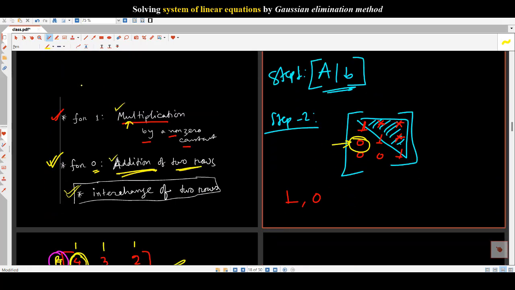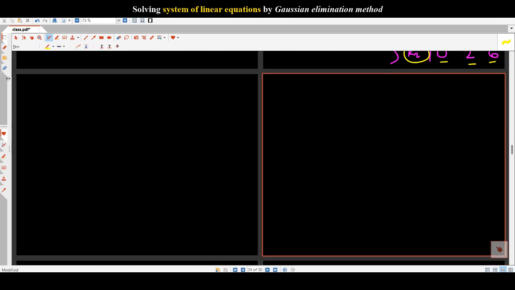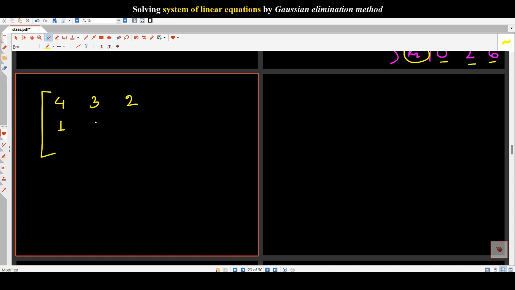And lastly, we have another operation that is also feasible, that is also convenient to make directly 1, directly 0. That is interchange of two rows. Suppose you have a matrix, let's say 4, 3, 2, 1, 4, 5, 2, -3, 8.